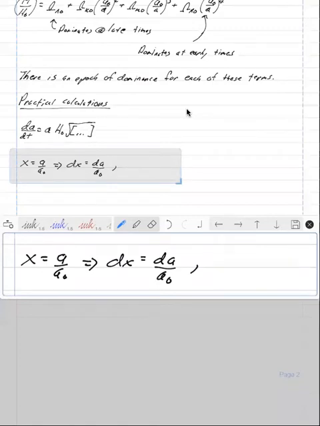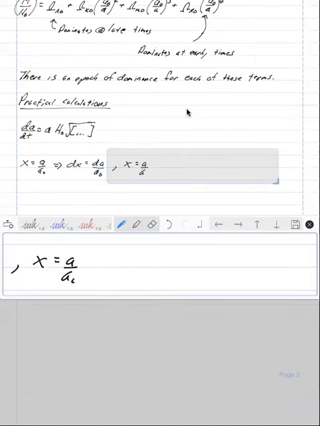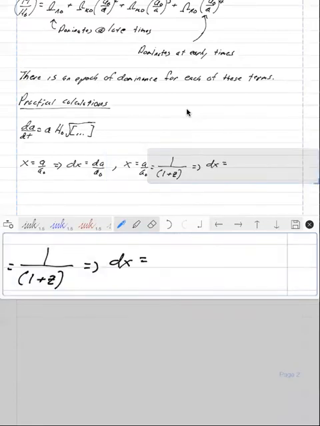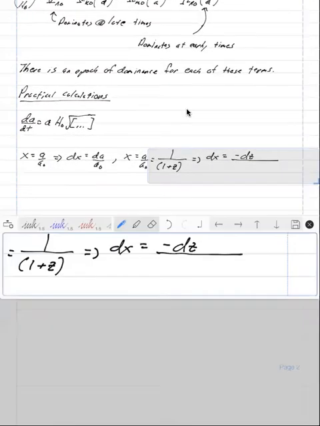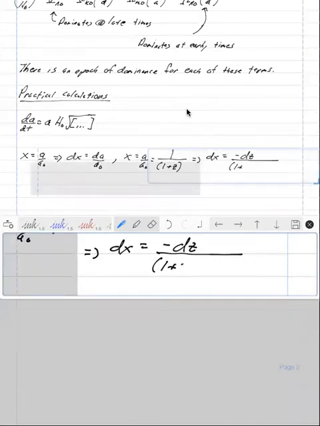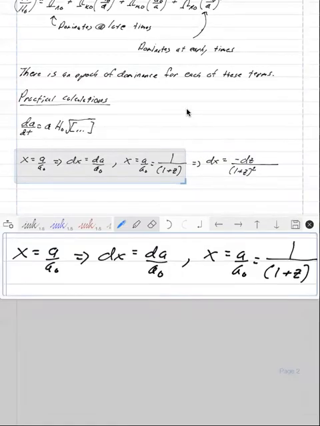In addition, this x, which equals a over a0, is also equal to 1 over 1 plus z. And this leads to dx equals minus dz divided by 1 plus z squared. So we can rewrite this differential in terms of x or in terms of z.